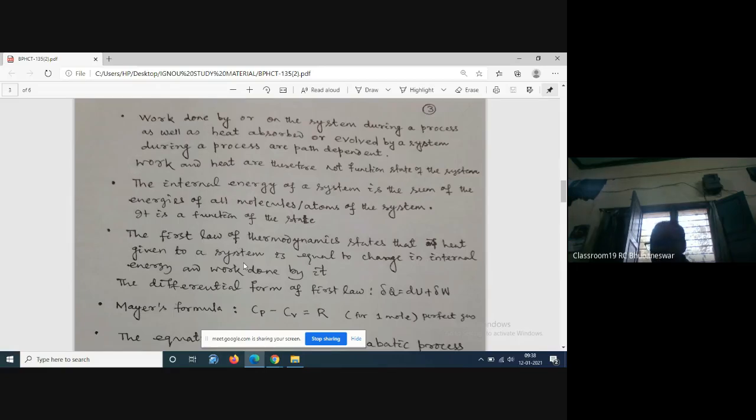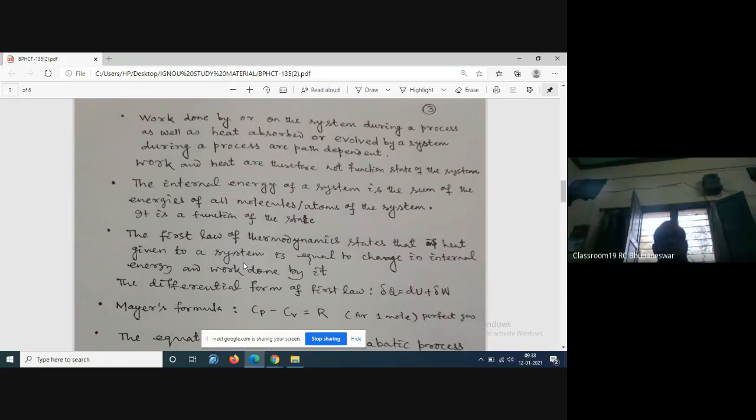diagram. Okay, because when a process takes place, the state of the system undergoes various changes. So, for every state of the system there is a pressure and volume.